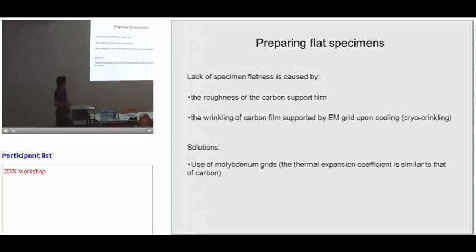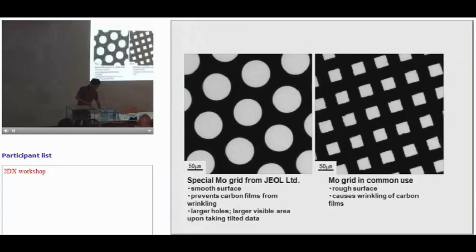In 1993, it was shown that cryo-crinkling can be significantly reduced by using molybdenum grids rather than copper grids, because the thermal expansion coefficient is similar to that of carbon. So using molybdenum grids has become common. These are magnified pictures of molybdenum grids. The right one is a grid in common use, which features a rough surface and rough hole edges, which cause wrinkling of carbon films.